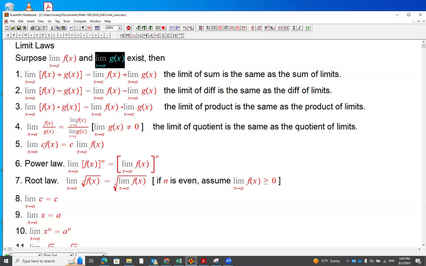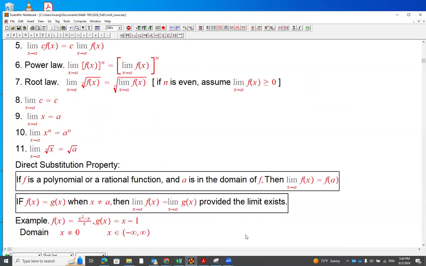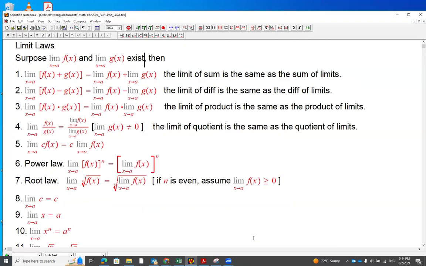It's considered that the limit does not exist, and you cannot apply the laws of limit. Now we have all of these definitions, theorems, and direct substitution, and in the next recording, we're going to use them on more examples.